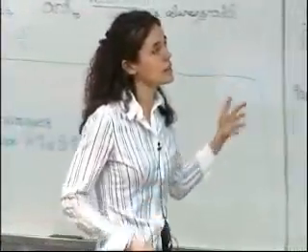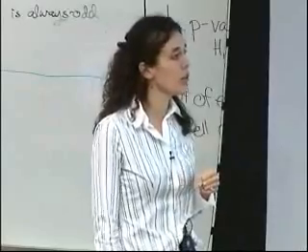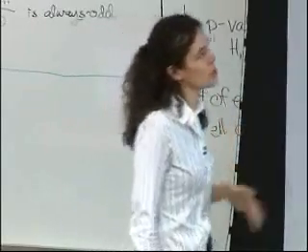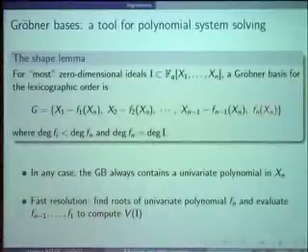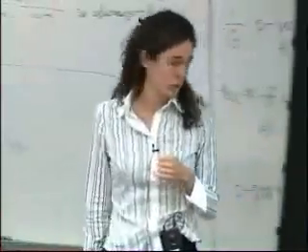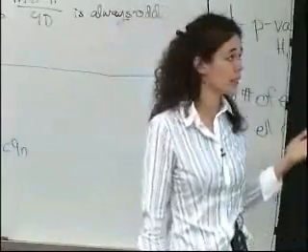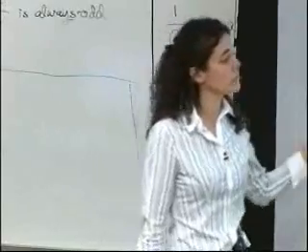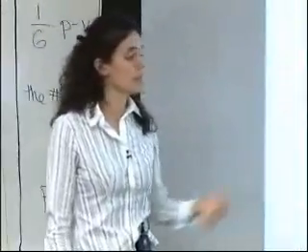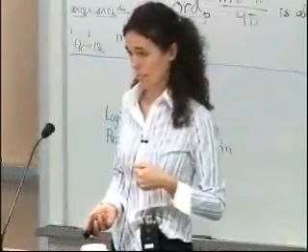So I say this is for most zero-dimensional ideals. If you consider a general case, you can be assured that you always have such a univariate polynomial in the last variables. So the idea here is really simple. Once you get the lexicographic basis, you find the solution by finding the roots of the last polynomial, and then you evaluate in the other polynomials to get the variety of I.